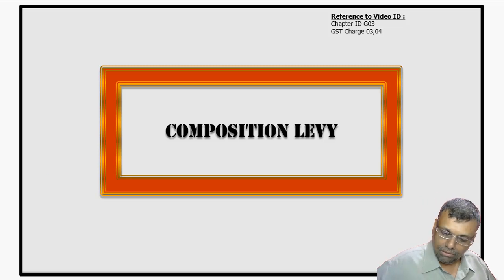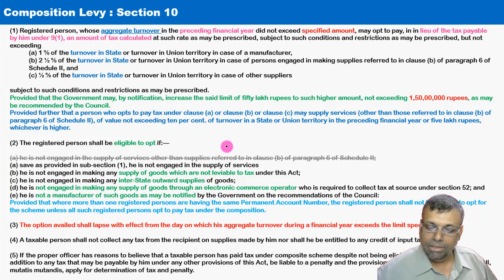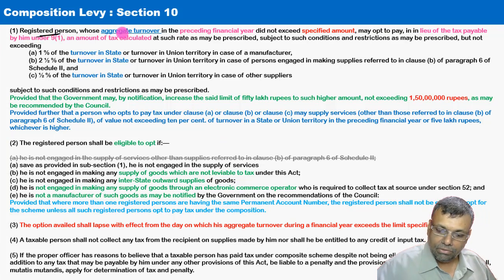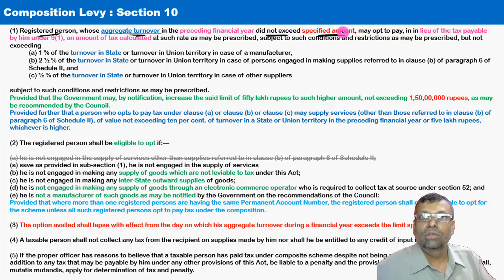Now here in the composition scheme, the basic points should be kept very precisely: a registered person whose aggregate turnover did not exceed a specified amount. So your first condition is that your aggregate turnover should not exceed a specified amount. That means this scheme is applicable only for those registered persons whose turnover is less than the limit.